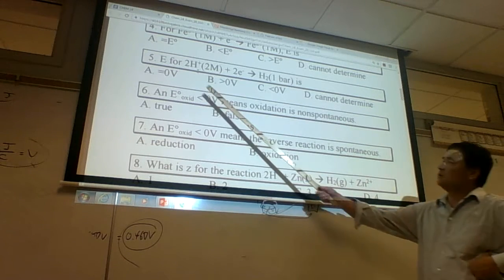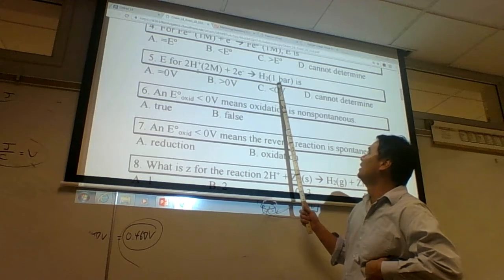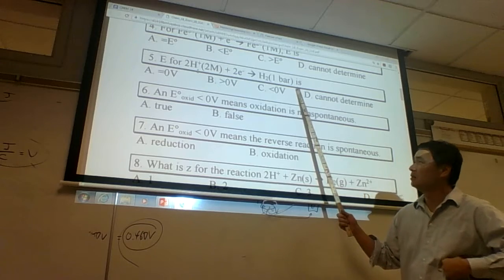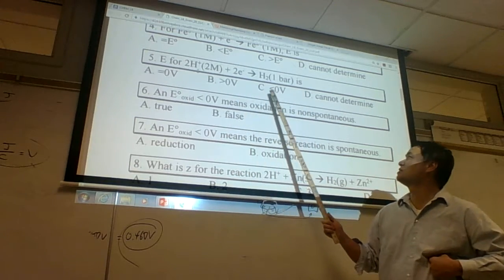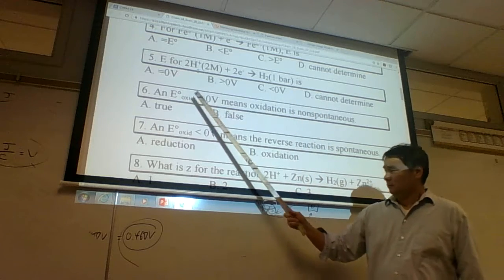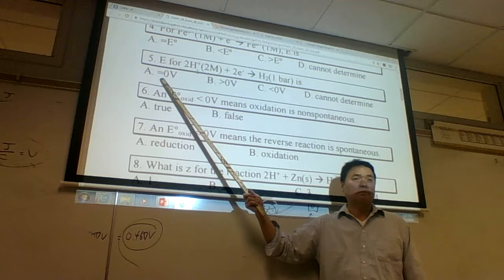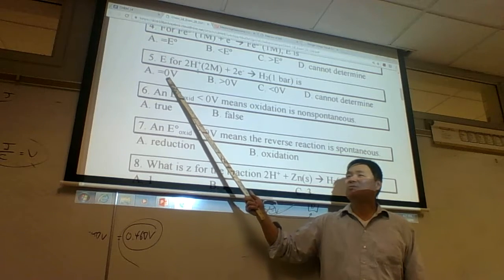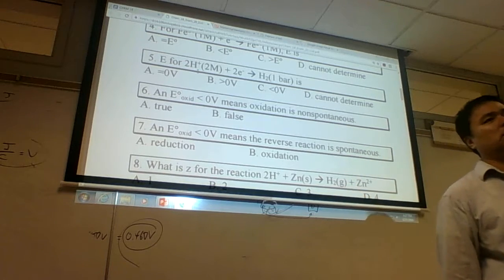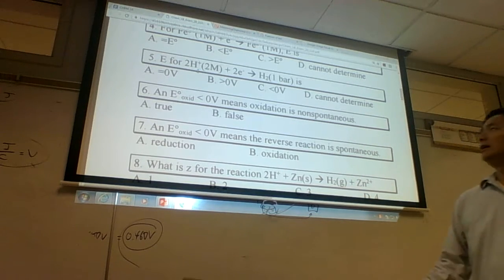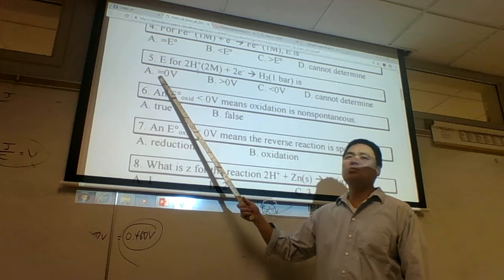The potential for 2 H plus, 2 molar, plus 2 electrons goes to H2 gas at 1 bar is equal to 0 volts, greater than 0 volts, less than 0 volts, or cannot be determined. So how many people chose A? A is wrong. Why is A wrong? A would be correct if I made one change.